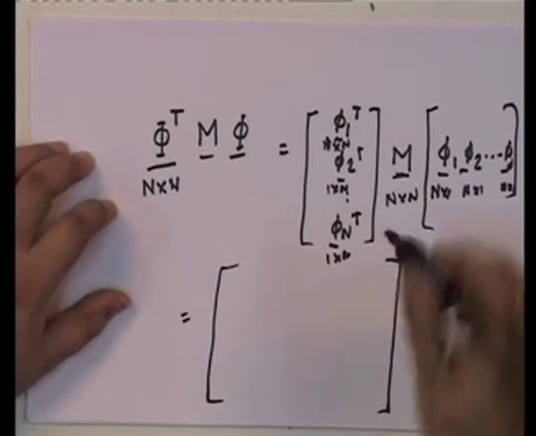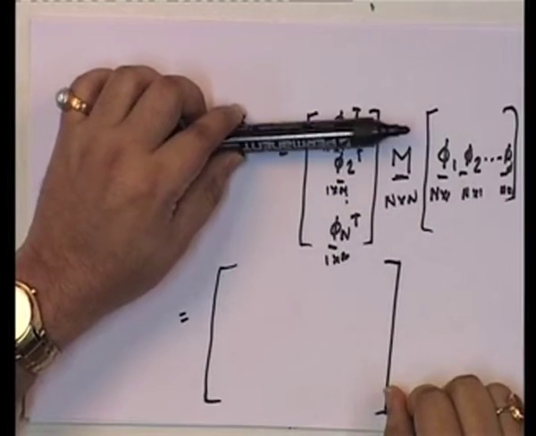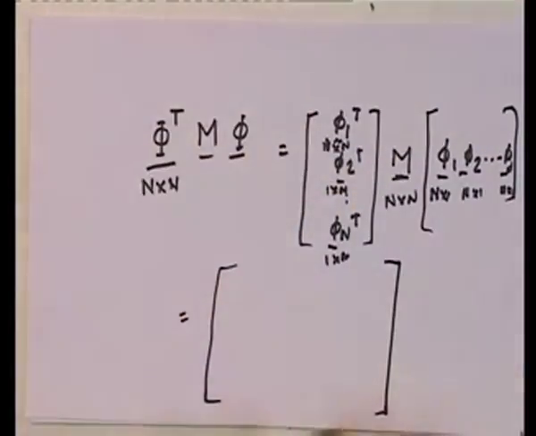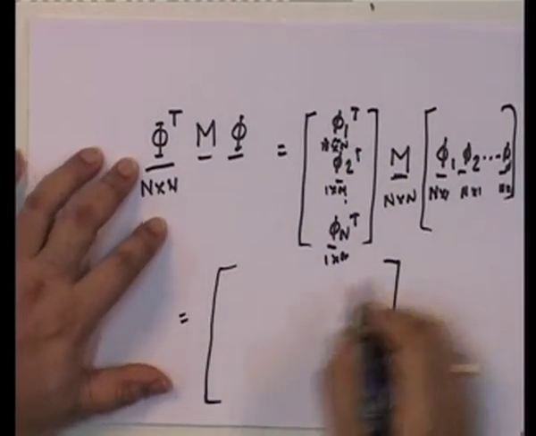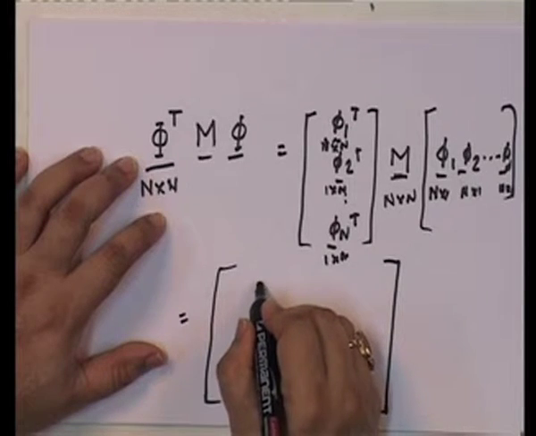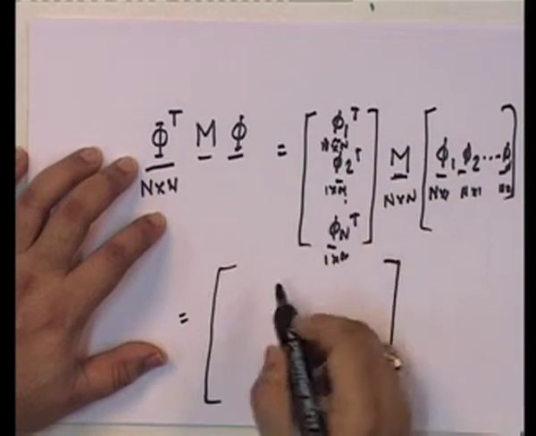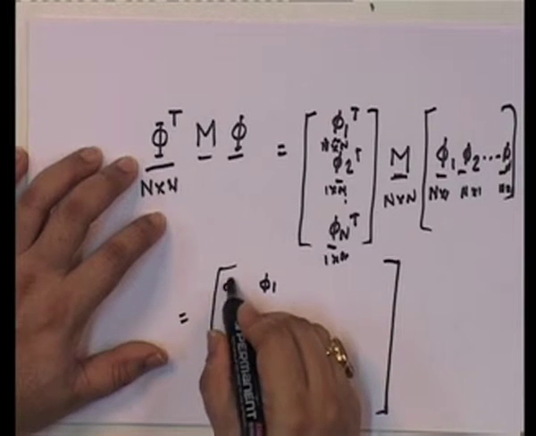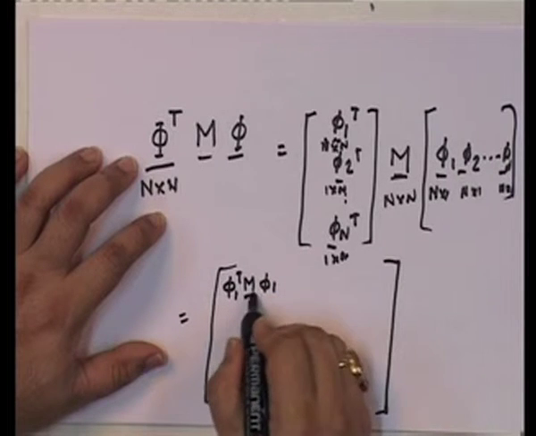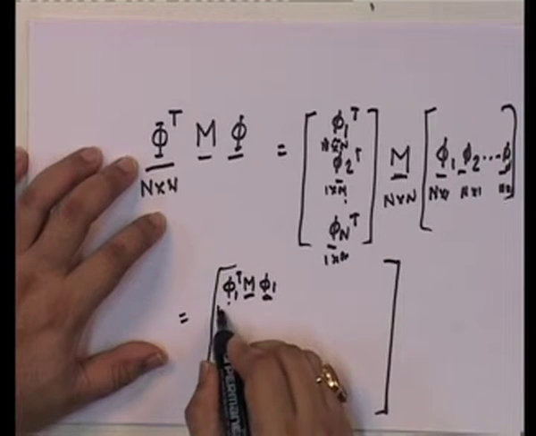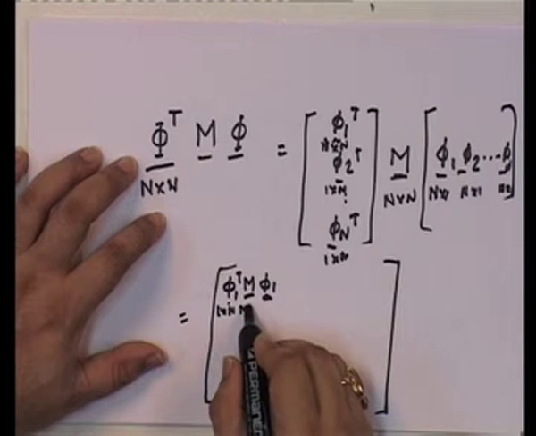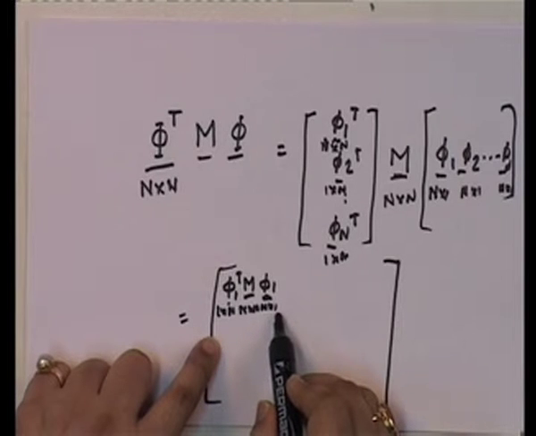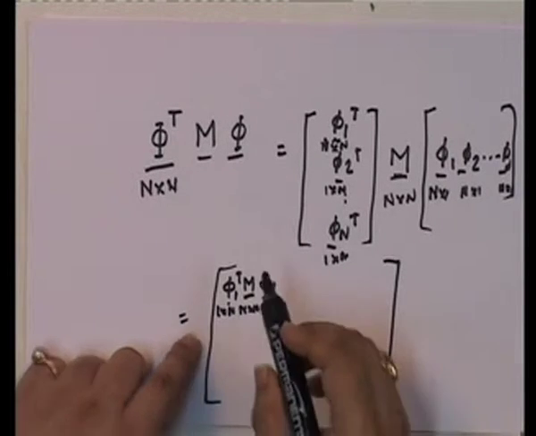Well, I can easily see this is a row multiplied with a column. So, the first one, what does it represent? This is a 1 by n, this is an n by n, this is an n by 1. n by n into n by 1 is n by 1, and 1 by n into n by 1 is a scalar.